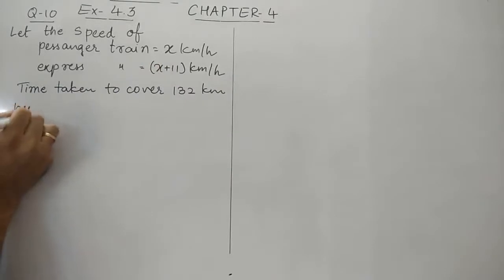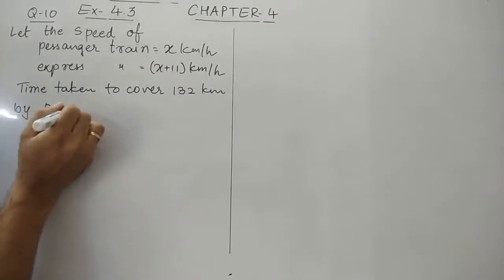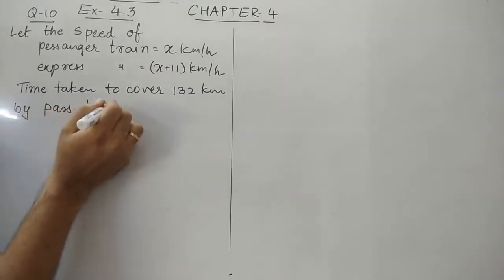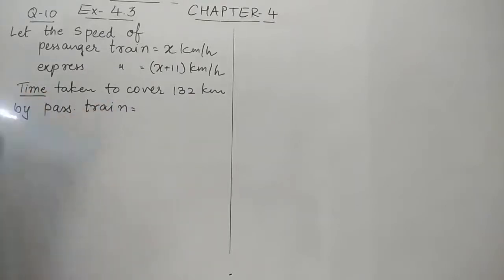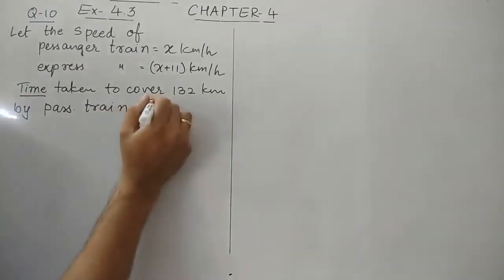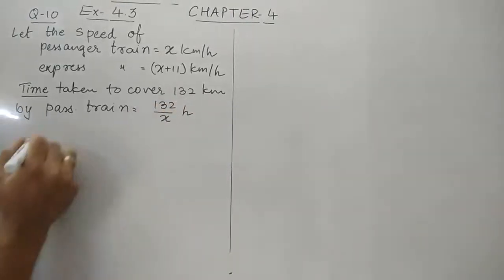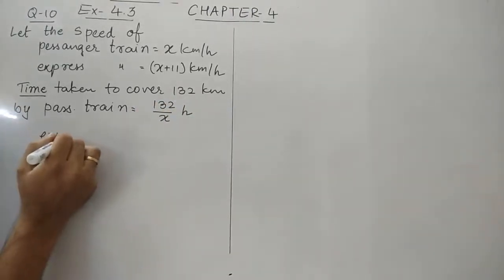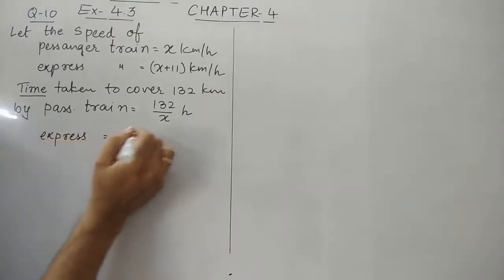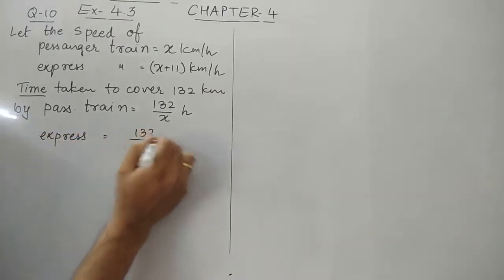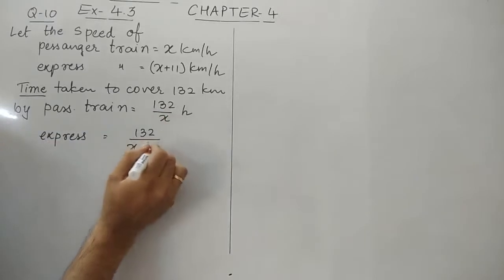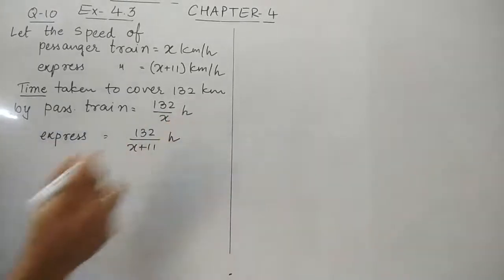First by the passenger train. As we discussed earlier, time is the subject, so it must be distance upon speed. And the other is the express train. The same distance 132, the speed is x plus 11. This is what we have to compare.